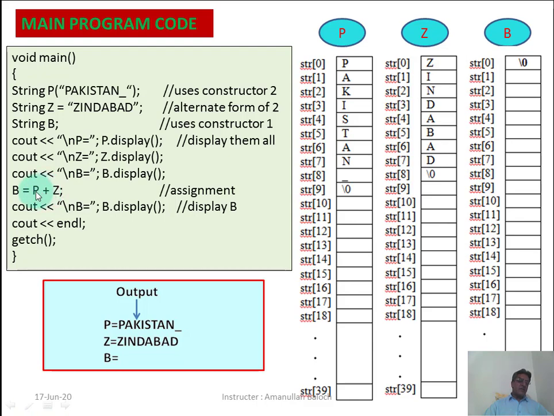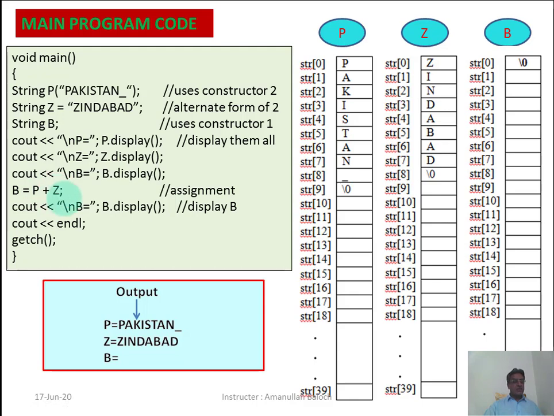So this pointer will store the address of P. Each and every location of the memory contains a specific address. So the P object will have a specific address, and this pointer stores the address of the object which calls the function, while the value of Z is passed to an object S2.